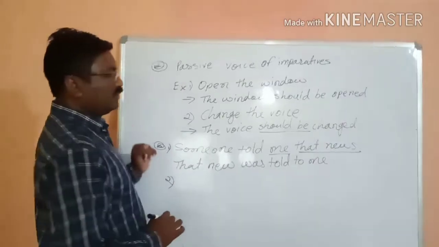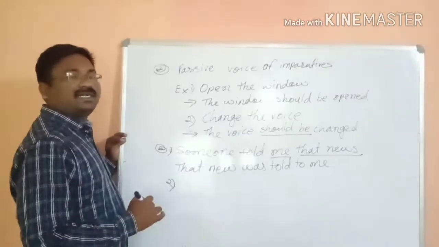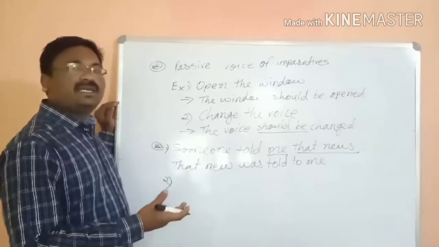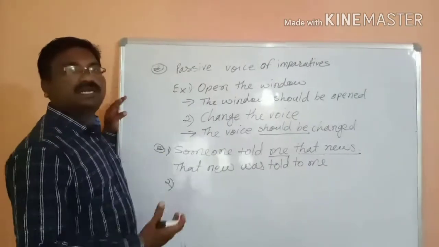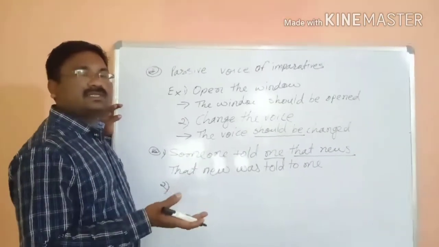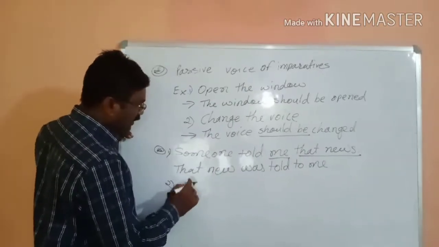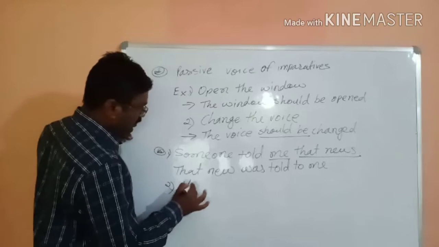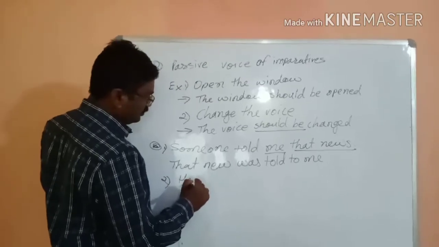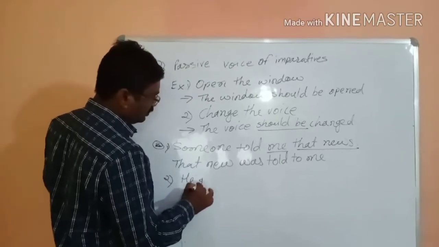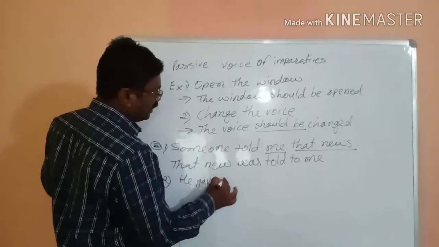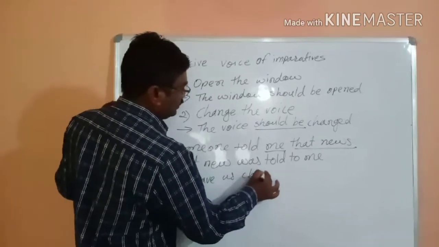As I told you, two objects are there, direct and indirect. So by taking any object, we can change the voice. You can take the direct object or the indirect one. Like here, he gave us chocolates.